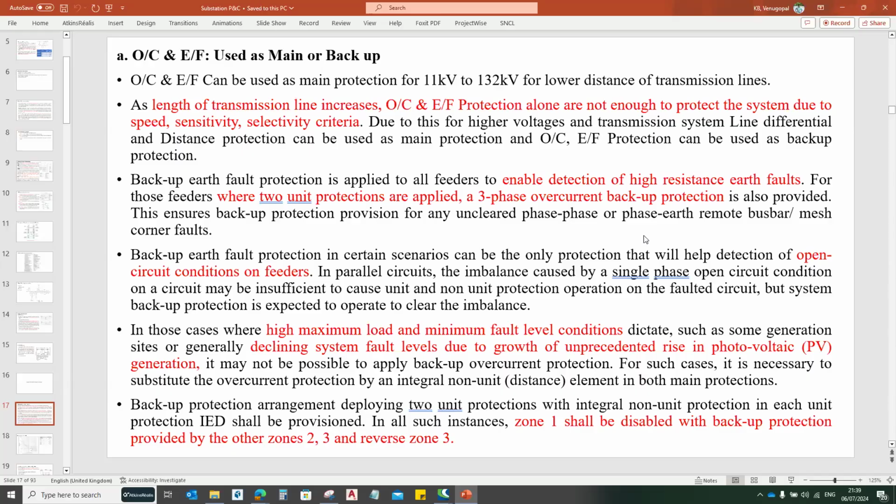Backup earth fault protection is applied to all the feeders to enable detection of high resistance earth faults. For those feeders with two-unit protection, where two line differential protections are applied, a three-phase overcurrent backup protection is also to be provided in addition to the backup earth fault.